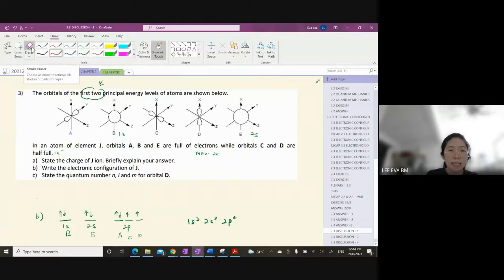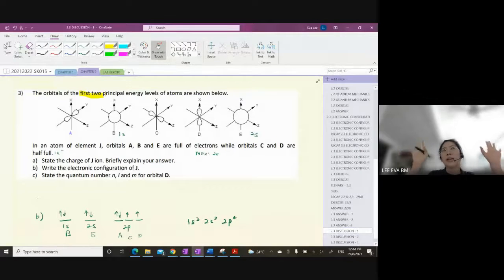So, madam ulang sekali lagi untuk sesiapa yang lost dekat sini. Okay. The question says over here the first 2 principal energy levels. So first 2 energy levels we got n equals 1, n equals 2. So kalau belum masuk soalan lagi awak akan imagine, okay, first energy level kita ada 1s. Second energy level, the possible values are l equals 0, l equals 1.